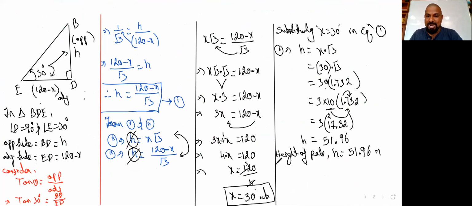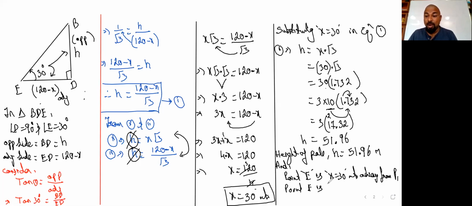That makes it clear. Point E is X, which is equal to 30 meters away from pole 1, that is the first pole, and point E is 120 minus 30. What is the meaning of 120 minus 30?